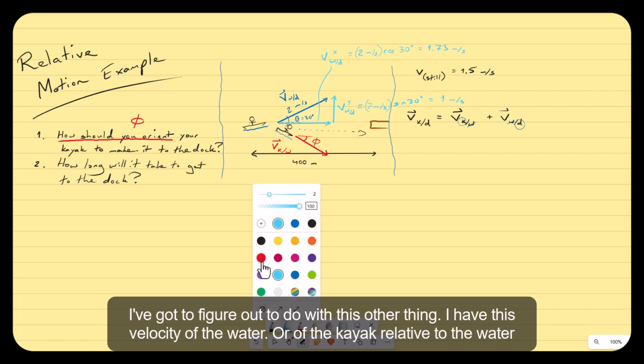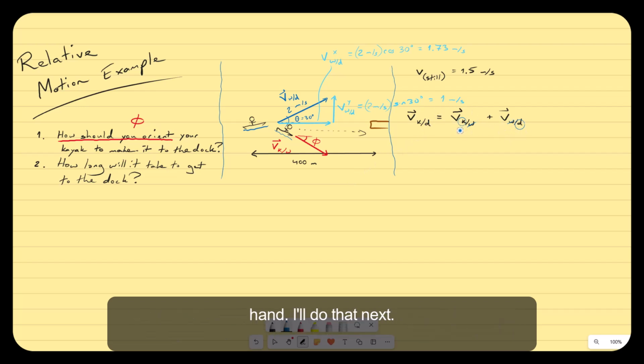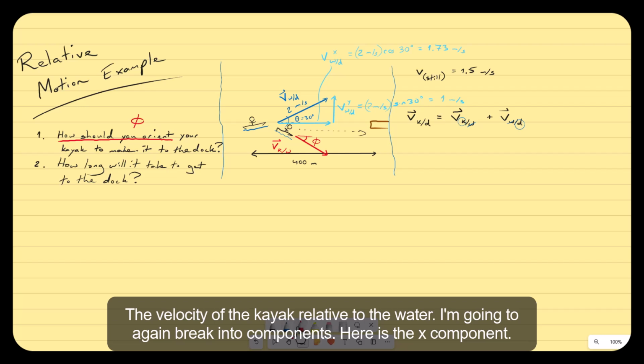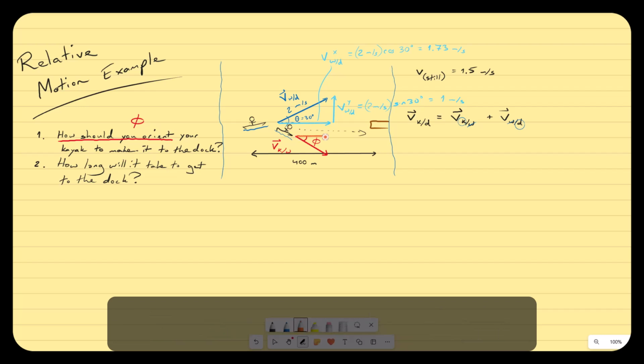Now I've got to figure out what to do with this other thing, the velocity of the kayak relative to the water. And I'll do that next. The velocity of the kayak relative to the water, I'm going to, again, break into 2 components. Here is the x component. Here is the y component. So this is the velocity of the kayak relative to the water in y.